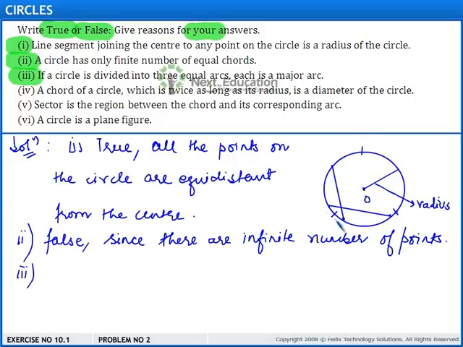Now we see that this is not a major arc. For each arc, the remaining arc acts as a major arc. Therefore, this is also a false statement, since if we consider this arc, then the remaining arc is the major arc.